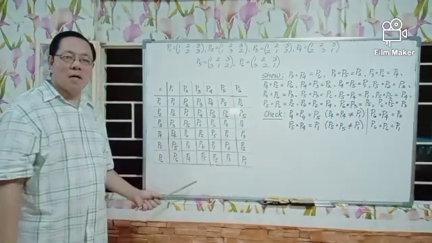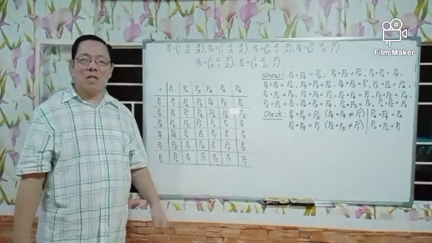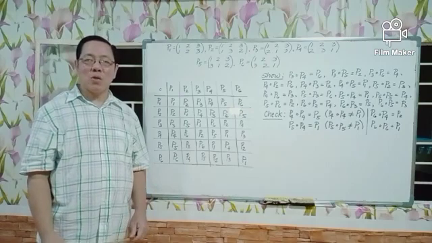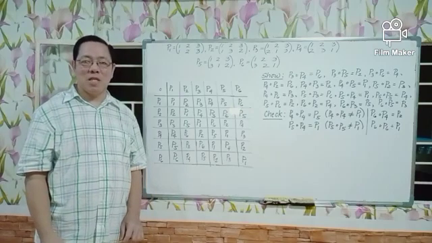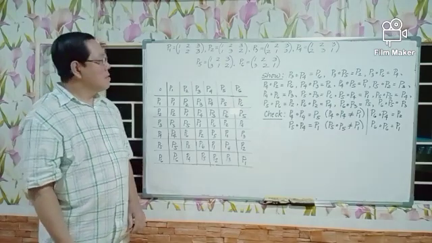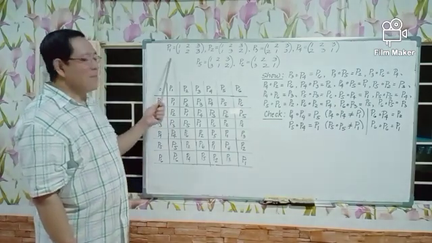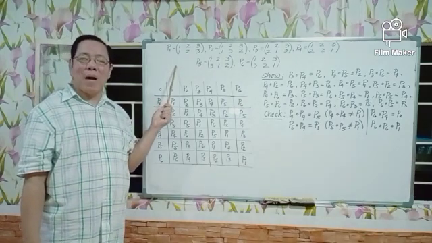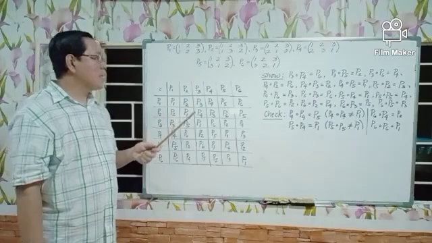This is the complete table that shows the composition of any two functions from the set G of permutations with elements the functions p1, p2, p3 up to p sub 6.